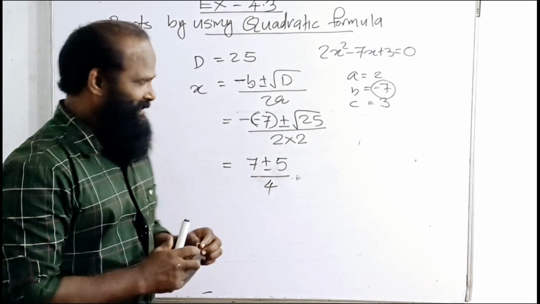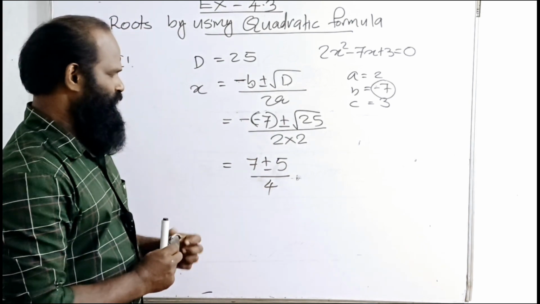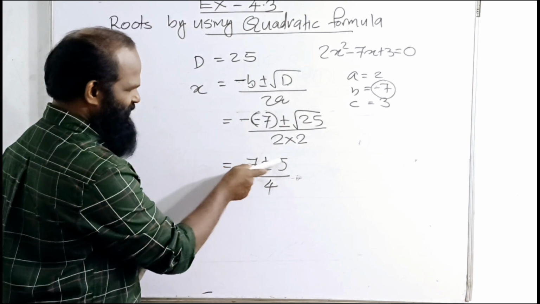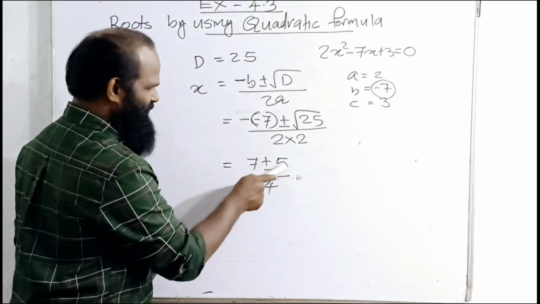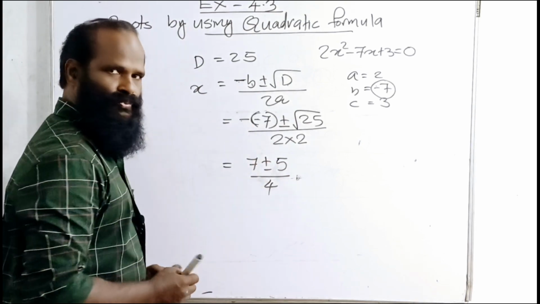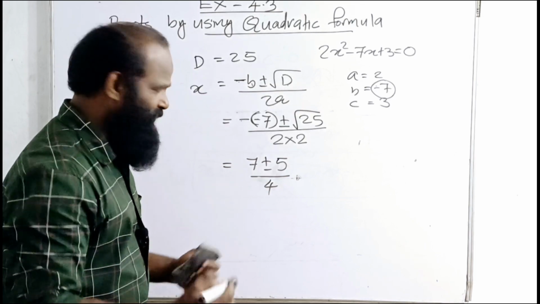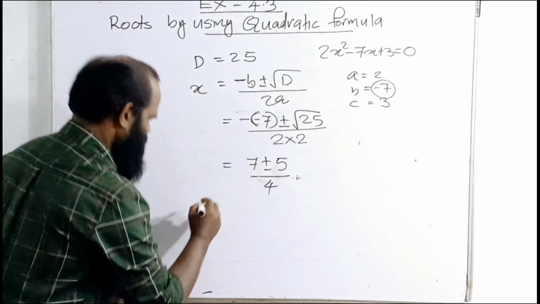It's time to split this into 2. We may go either this way, 7 plus 5 or 7 minus 5. This is where we are going to write the values of x in two different ways.